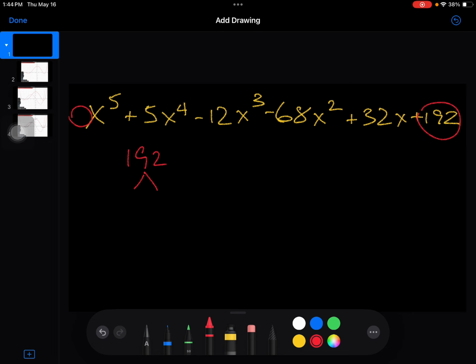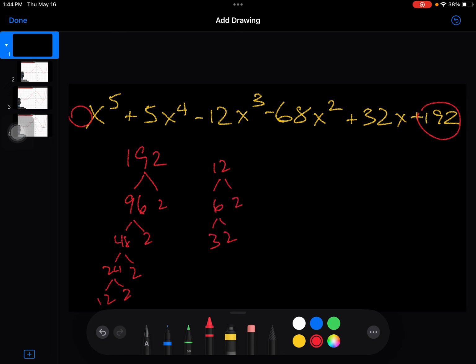192 divided by 2 is what? 96. 96 divided by 2 again is 48. Divided by 2 again, we get 24. Divided by 2 again, we get 12. Divided by 2 again, we get 6. Divided by 2 again, we get 3.